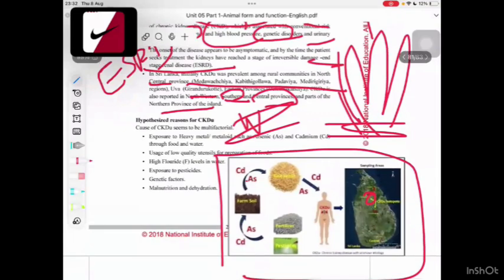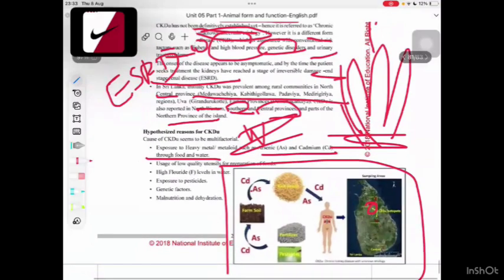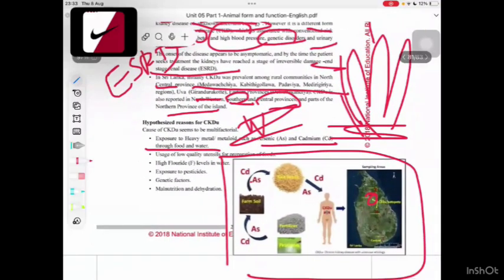Okay. Exposure to heavy metals such as arsenic and cadmium through food and water. And you can prevent that now. People who live a medium-level life won't get these diseases, but people who live really low-quality lives, like the farmers in Sri Lanka, they are really poor, right?